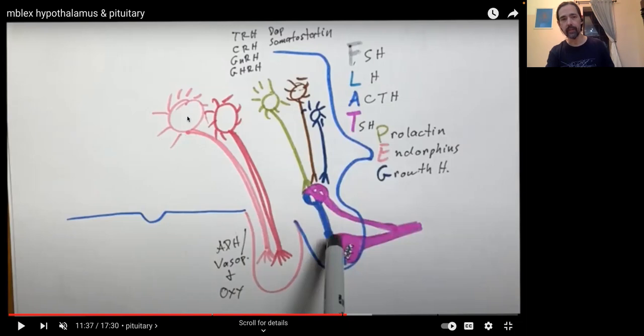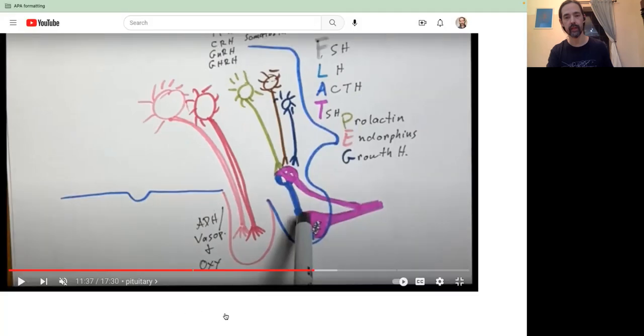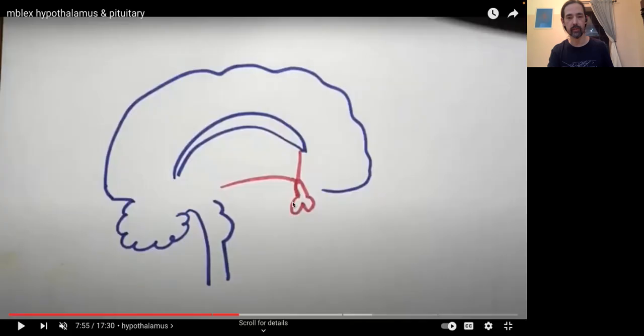Nerve cell bodies making up nuclei in the hypothalamus extend their axons directly down into the neurohypophysis, the posterior pituitary gland. Don't forget that what we're looking at here comes from this, right? We're seeing the posterior pituitary below the hypothalamus.